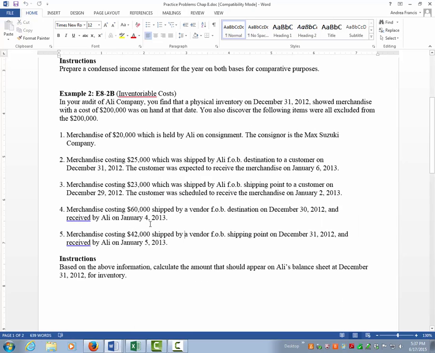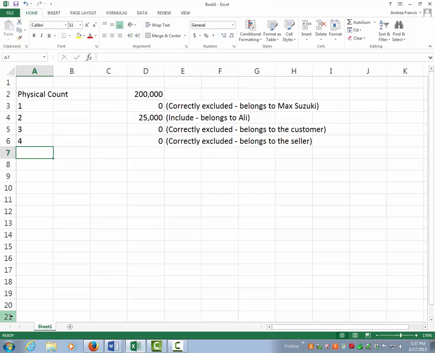Yes, we are, which means that these goods should have been included in Ali's inventory at December 31st. Although they had not yet reached Ali at December 31st, they belong to Ali because with FOB shipping point, the goods in transit belong to the buyer and Ali is the buyer. So we found another error because the 42,000 worth of goods should have been included. Right? We include it because it belongs to Ali based on the terms.